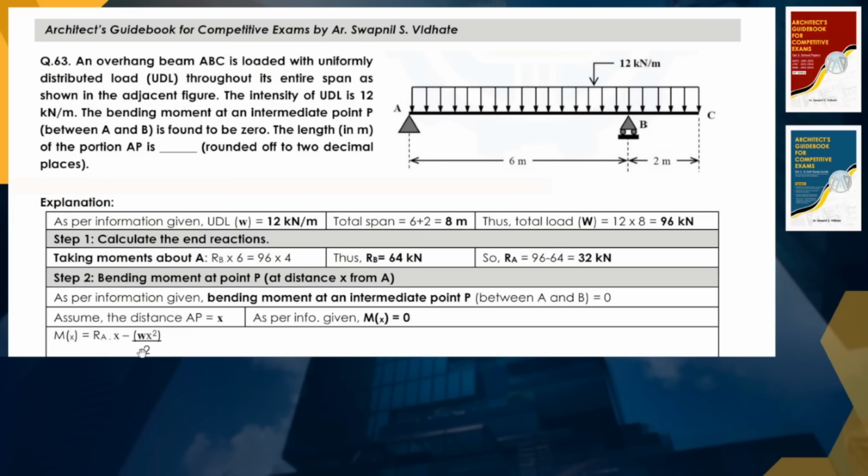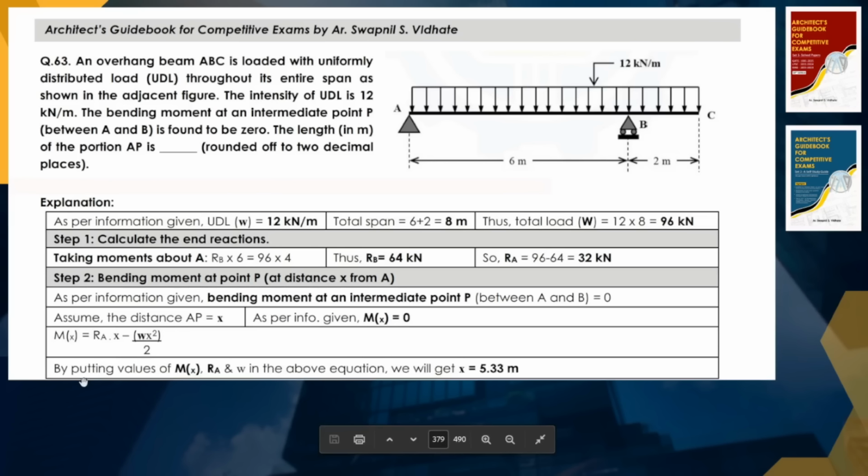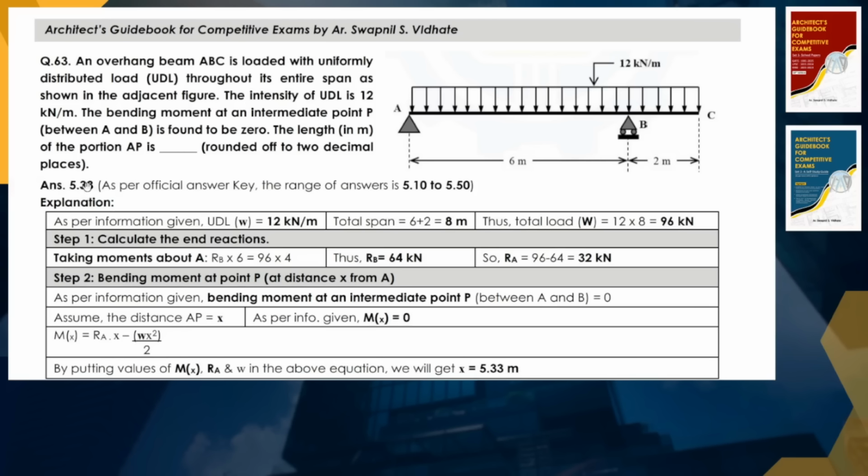So if we put the values of Mx, which is 0, RA we have just calculated, it is 32 kilonewton, and W is 12, we can solve this equation, and we will find the value of X will be 5.33 meter. So this is the final answer you can put.